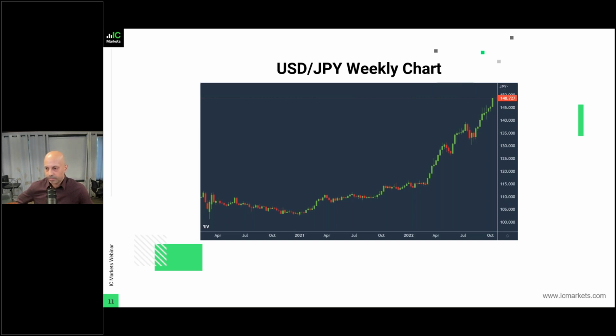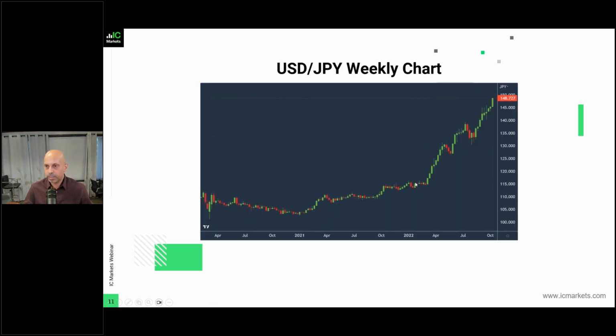The Federal Reserve started raising interest rates aggressively in March 2022, and you could see USD JPY take off pretty sharply, all the way till October as well. So when you have divergence in monetary policy like in this example, you will see probably the biggest move in the currency pair, right?